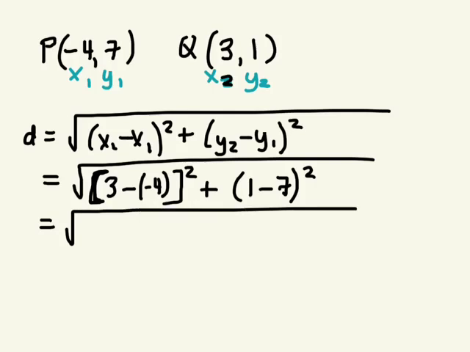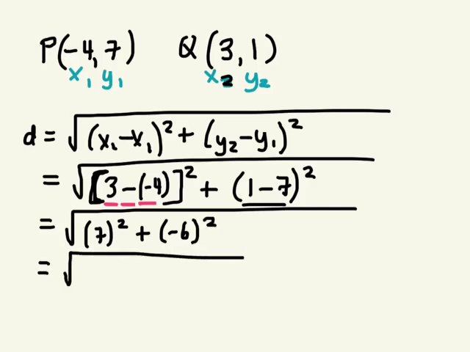Keep simplifying. What is 3 take away a negative 4? Good. 7 squared plus, what's 1 take away 7? Negative 6 squared. Keep simplifying. 7 squared? 49.